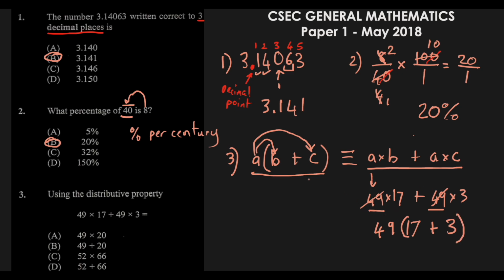So this here is the same as this here, right? You could have either used this to compare it, or you could have just factorized it. Now what does 49 brackets 17 plus 3 mean? It means we are multiplying 49 by whatever 17 plus 3 gives us. So 17 plus 3 is 20. That's the same thing as saying 49 times 20. So our answer is A.